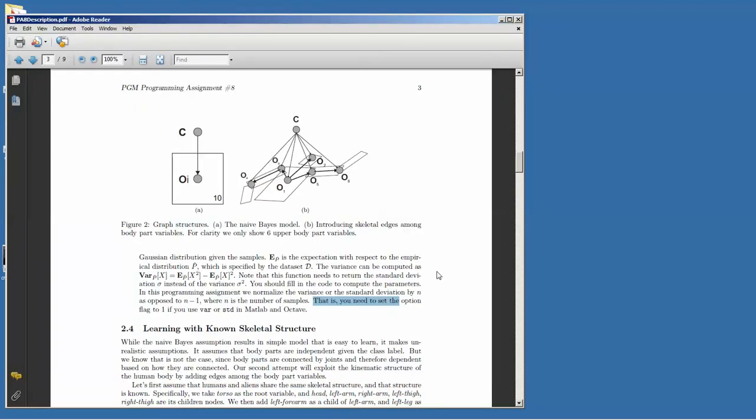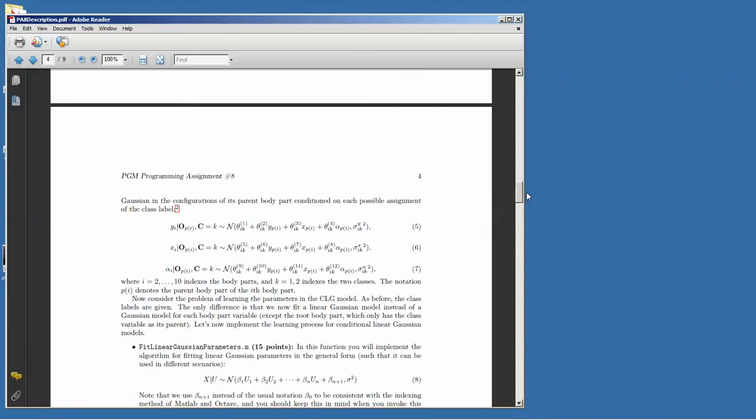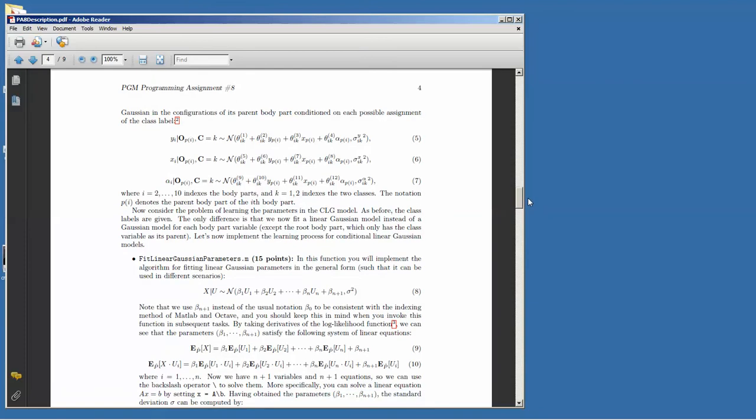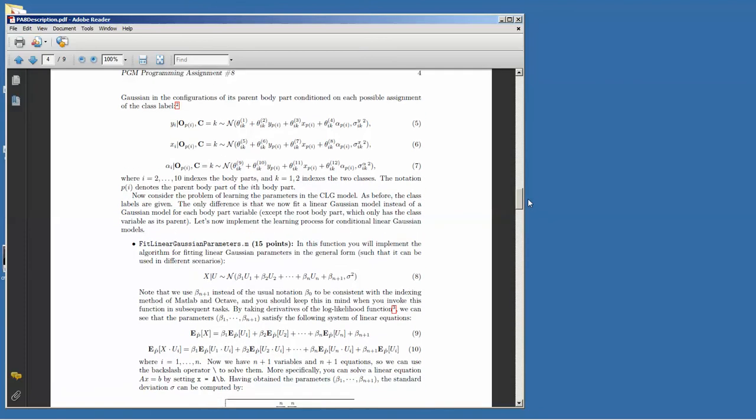Okay, next thing, the next part. This is slightly more interesting. This is fit linear Gaussian parameters.